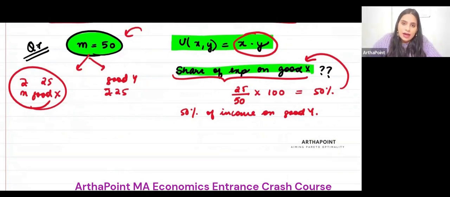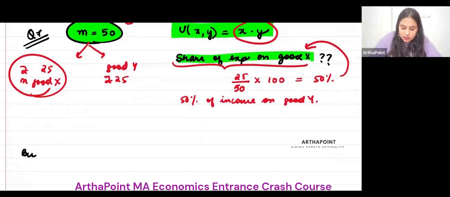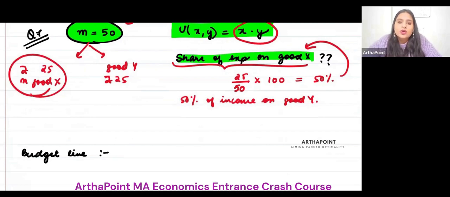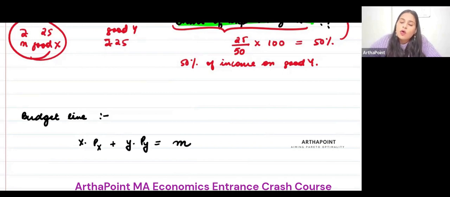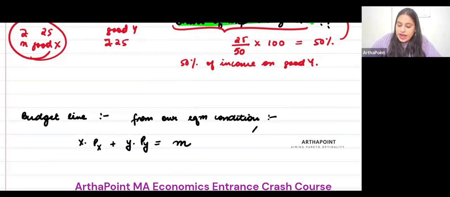Now let's go back to the budget line. So budget line says XPX plus YPY is equal to income of the consumer. But from our equilibrium condition, we have got that XPX is equal to YPY.